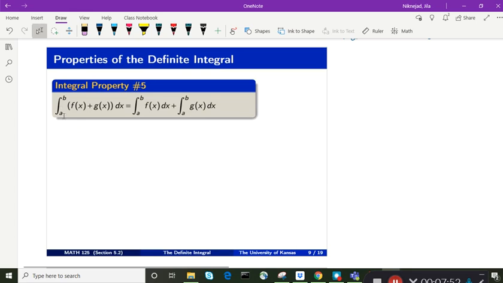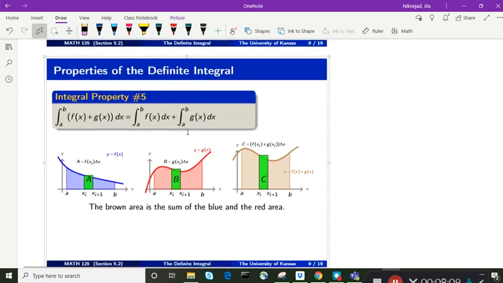If I take the integral from a to b of f of x plus g of x dx, this is a summation function, the sum of the two functions, then it would be the integral from a to b of f of x dx plus the integral from a to b of g of x dx.